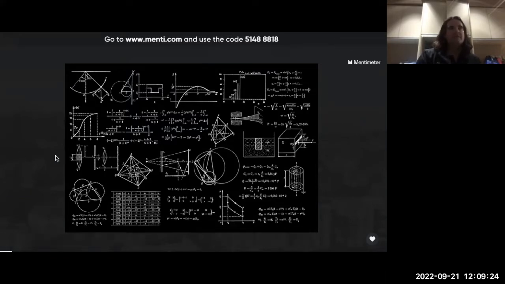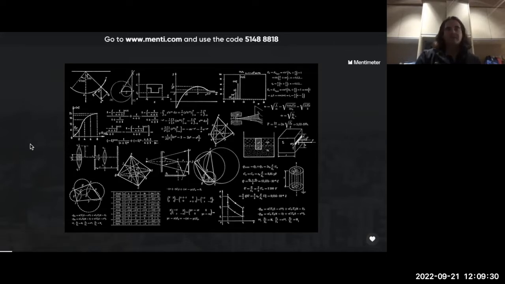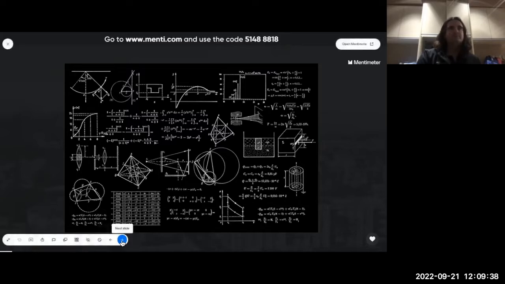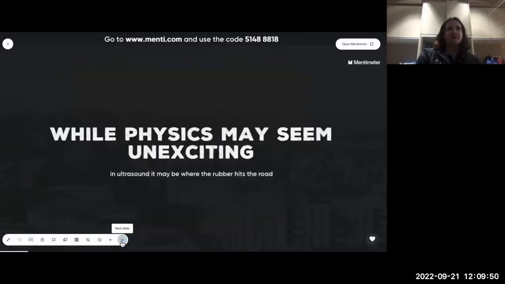But if you understand the basic principles of looking through soft tissue and fluid and bone, for example, it starts to kind of make sense and really helps you understand why images are generated the way they are and what the limitations are. So hopefully this doesn't bore you all, but my hope was to make this interactive and to make sure that you guys feel like you're part of this, to kind of keep you alert and fresh.